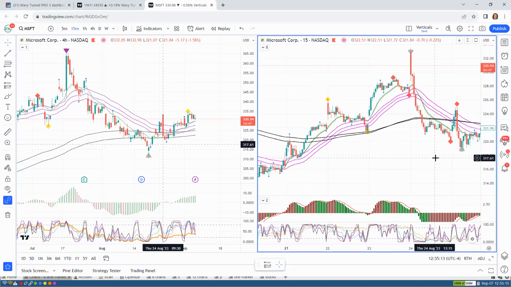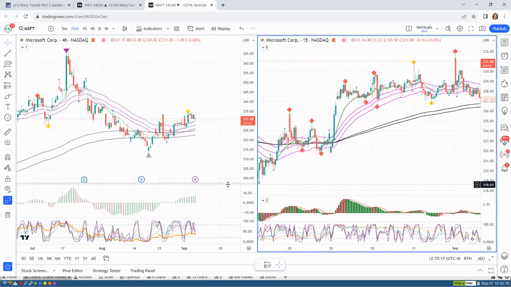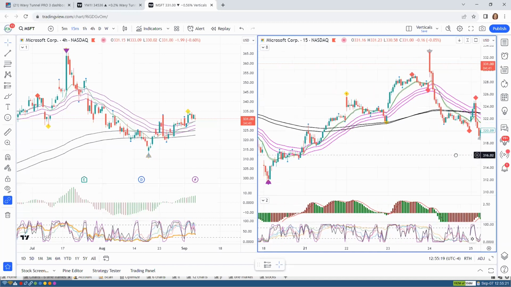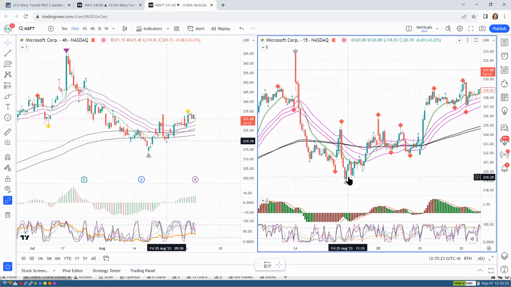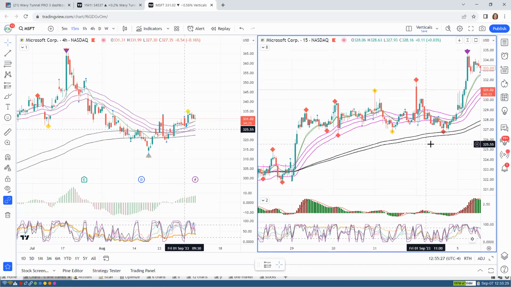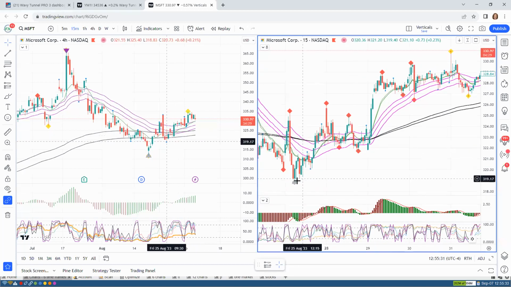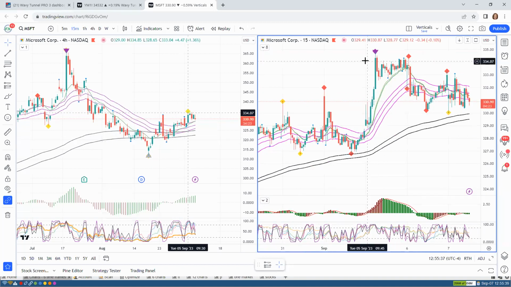On the hourly, remember I said that if you get a purple, gray, you're looking for a higher purple. We got the higher purple. So your buy was over here on the 15-minute at 319, looking for the higher purple at 334.